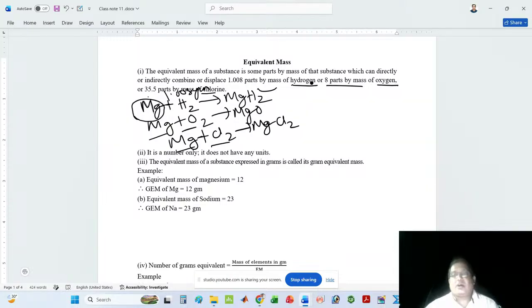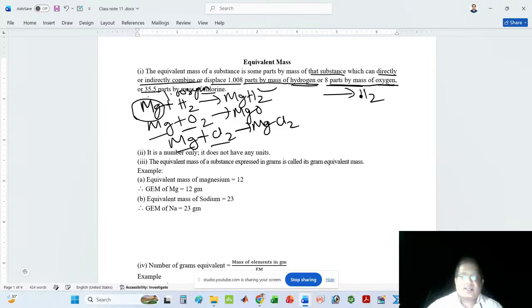So here you can say that the equivalent mass of a substance is the some parts by mass of that substance which can directly or indirectly combine with or displace 1.008 parts by mass of hydrogen, or 8 parts by mass of oxygen, or 35.5 parts of chlorine. In some cases, hydrogen gas is released.